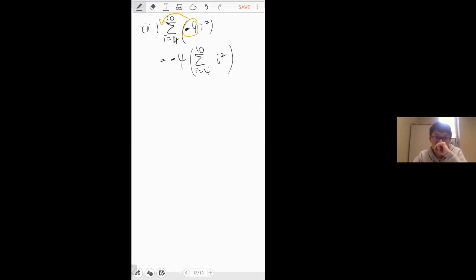Does it make sense? This is one of the properties that I mentioned before. This is a constant that doesn't depend on i, so I can pull that out outside of the sum. And now look at this sum here. It's a sum of squares, but it goes from 4 to 10.